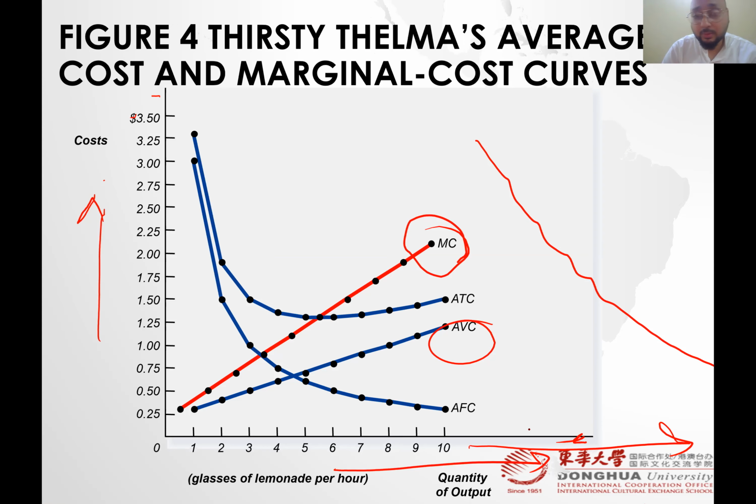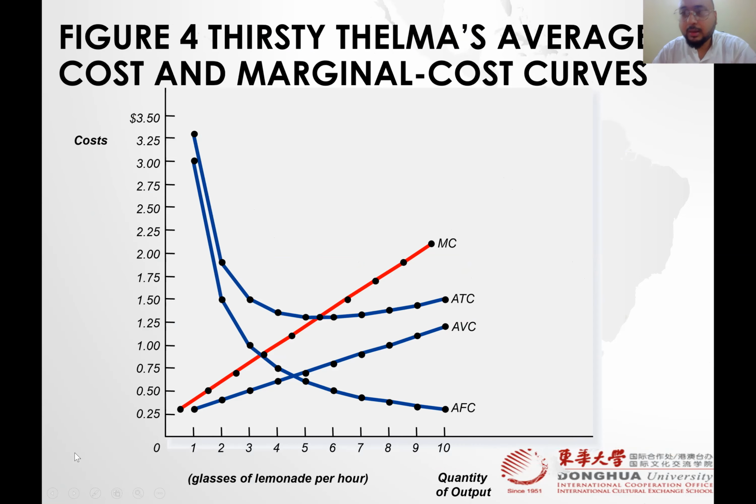What about the average total cost behavior? First it starts decreasing and then slightly starts increasing, right? So the question arises, why do we draw these curves?